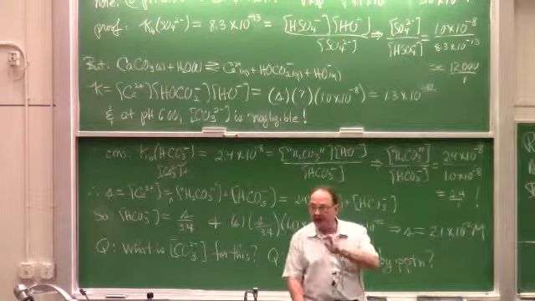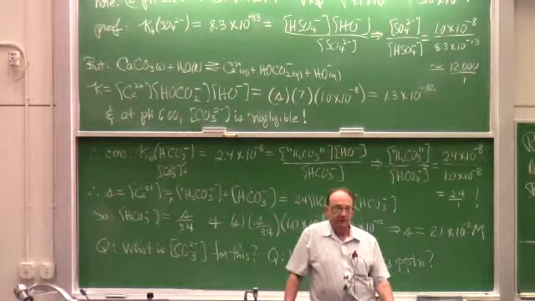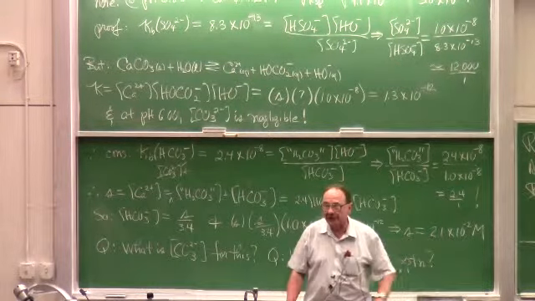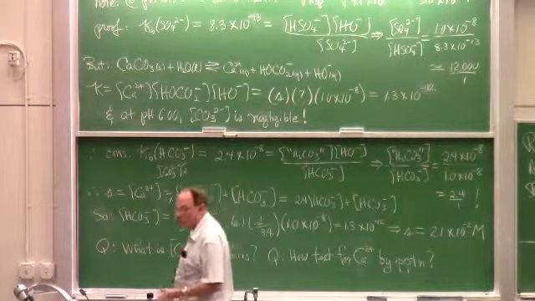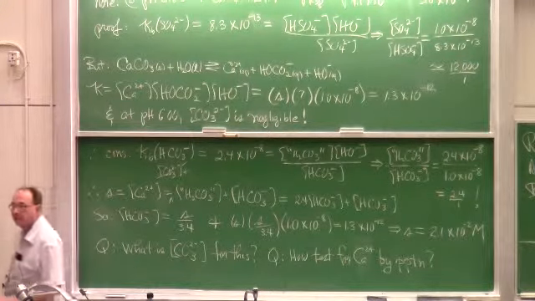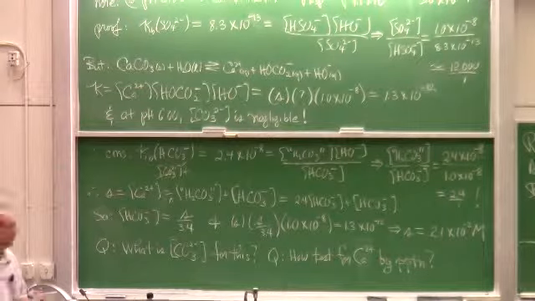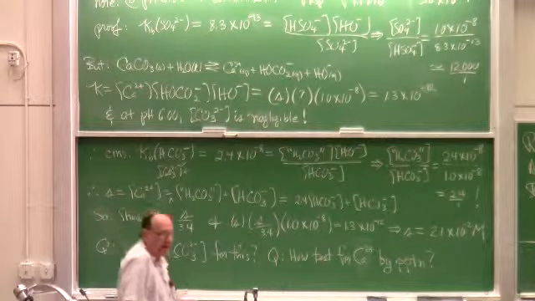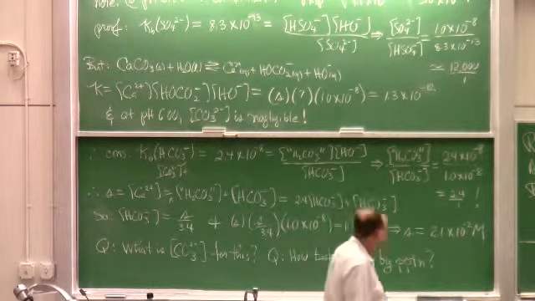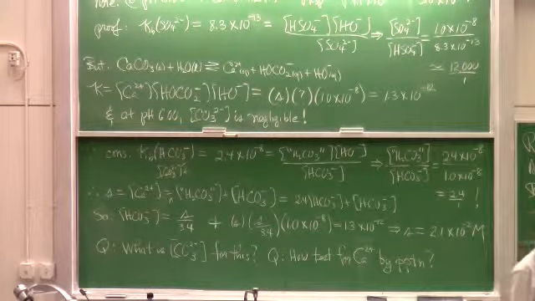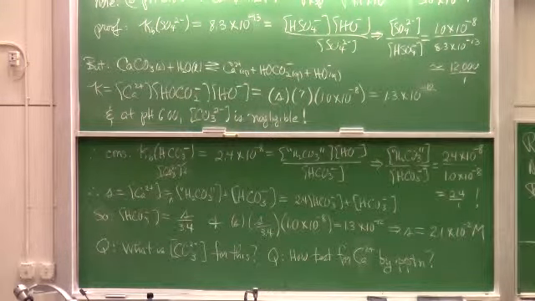Which, if you go back through what we've already done, you will see this solubility exceeds the solubility, as it must, for calcium carbonate at pH 8. At pH 8, I think we got 3.0 times 10 to the minus 3 or something like that. Now then, you see this solubility? 2.1 times 10 to the minus 2.